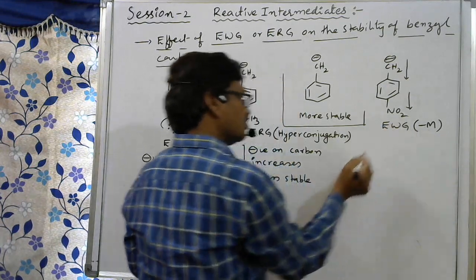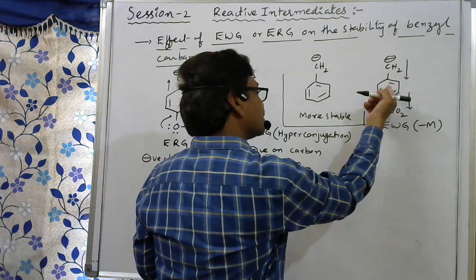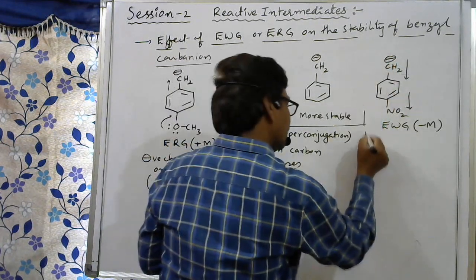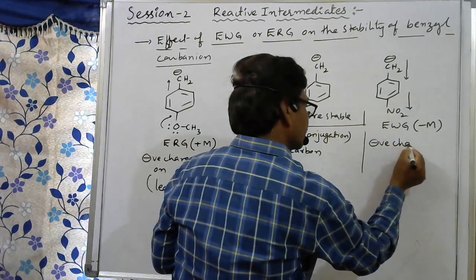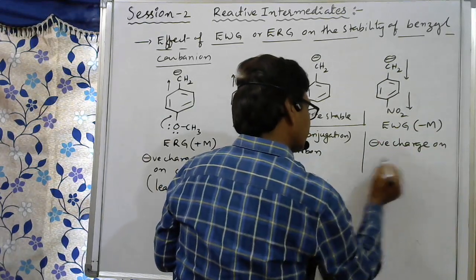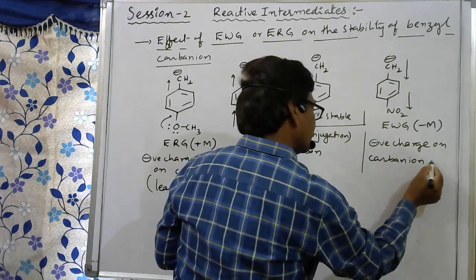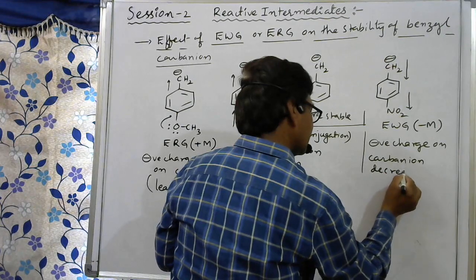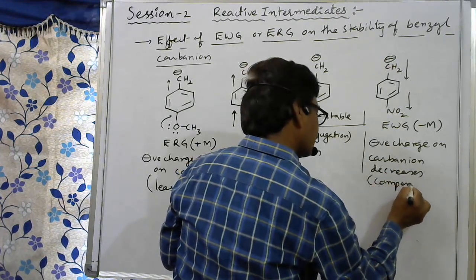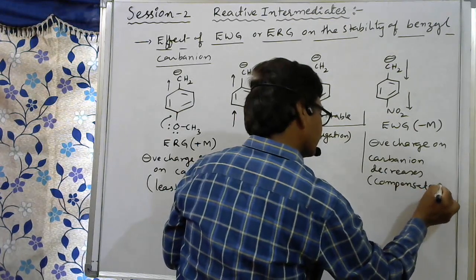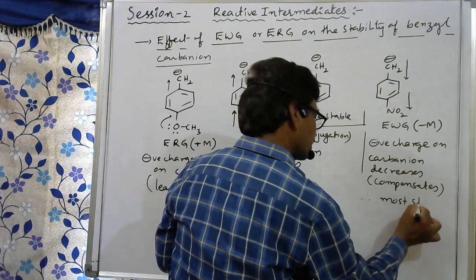Due to the minus M effect, it can accept electrons from the ring, and the ring accepts electrons from this carbanion. So the electron density, otherwise negative charge, on the carbanion decreases, otherwise compensates. Therefore it is the most stable among the given.